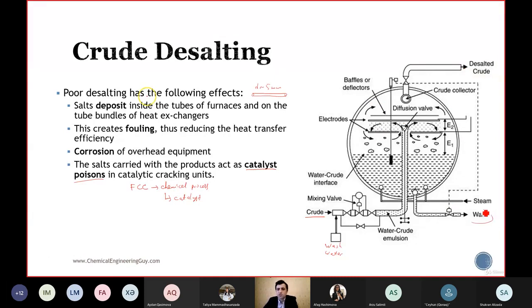What kind of chemicals should we also add here to make the water-crude interface clearer, or a better interface? What kind of chemical to create the emulsion here? Maybe surfactant.